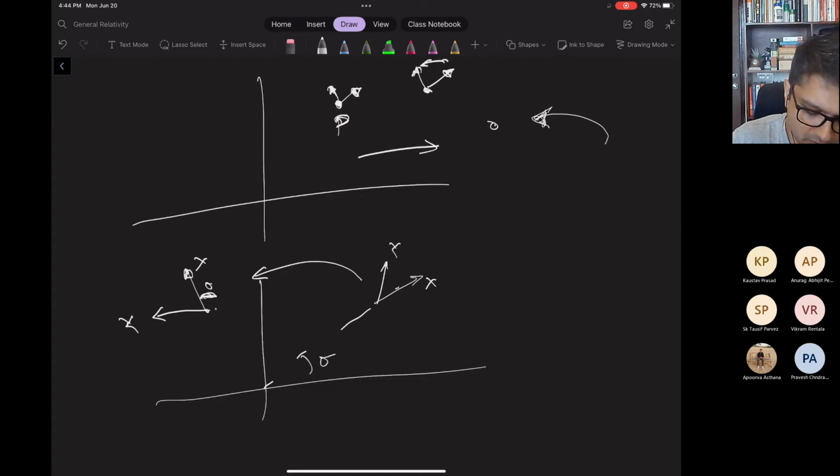This is the tricky point. Really we should only think of this as the push forward of x, but we'll try to get an intuition for the push forward of x. And this relative rotation of the push forward only makes sense in a flat space.